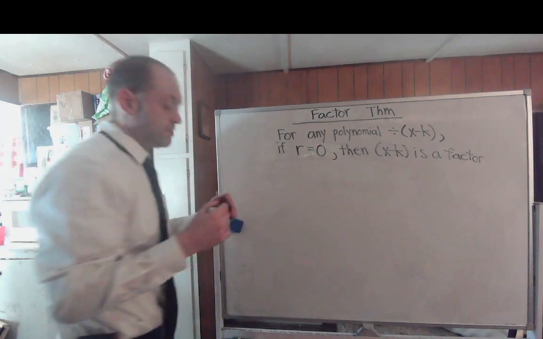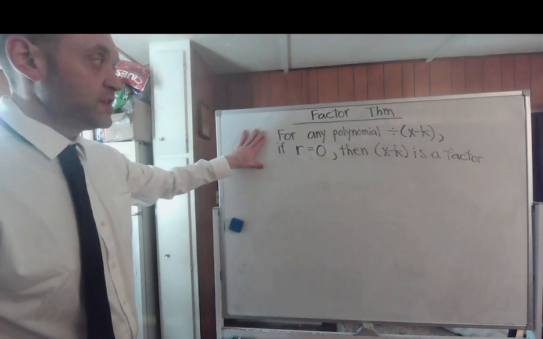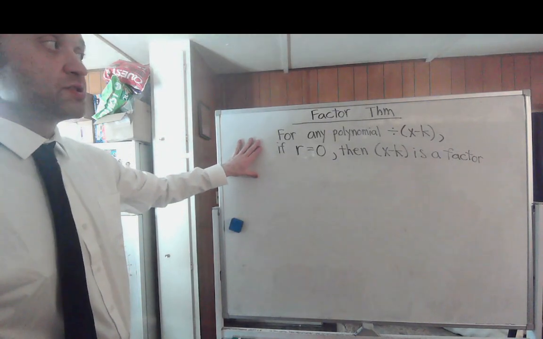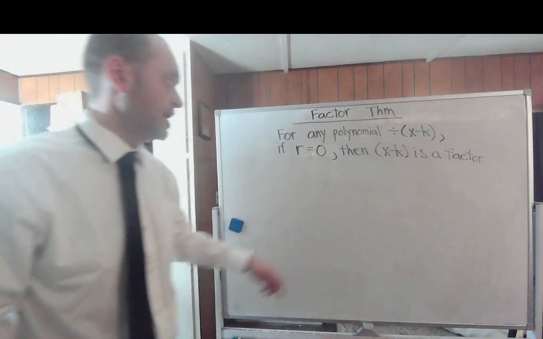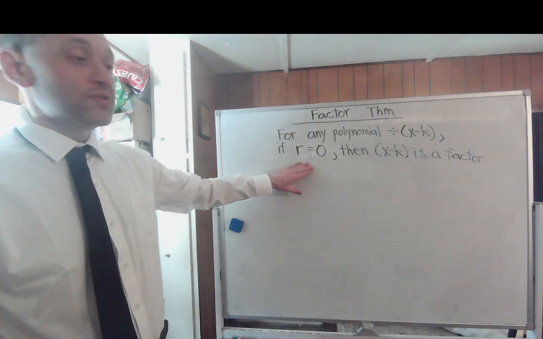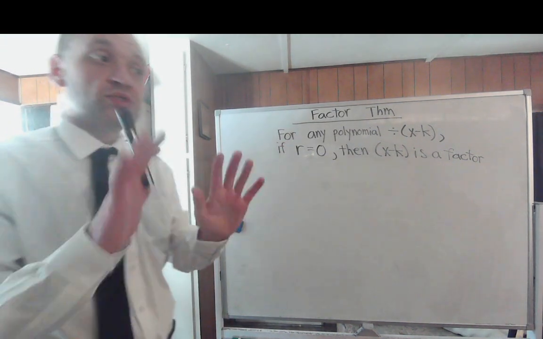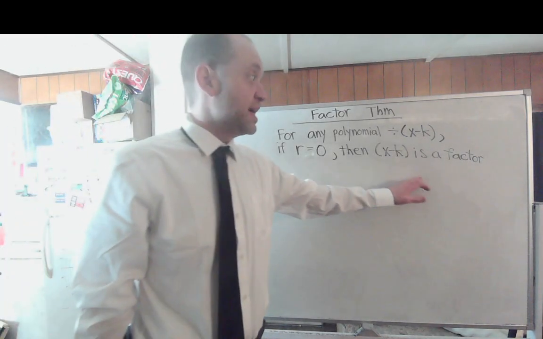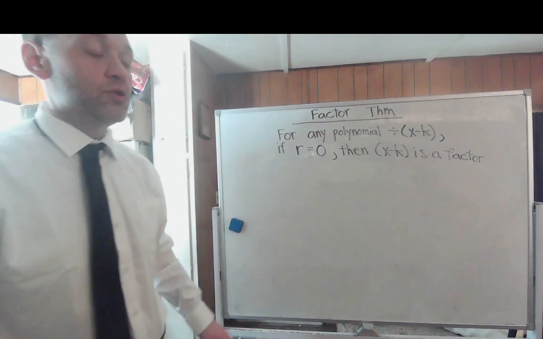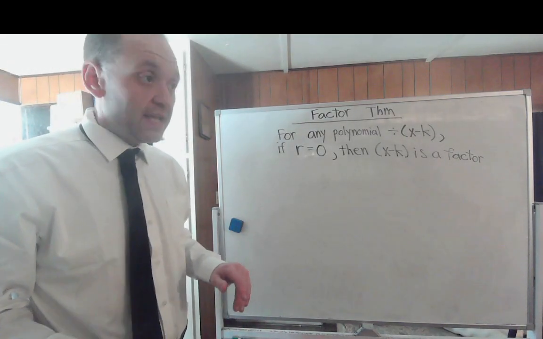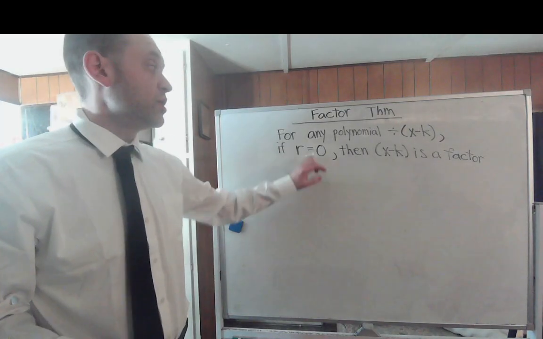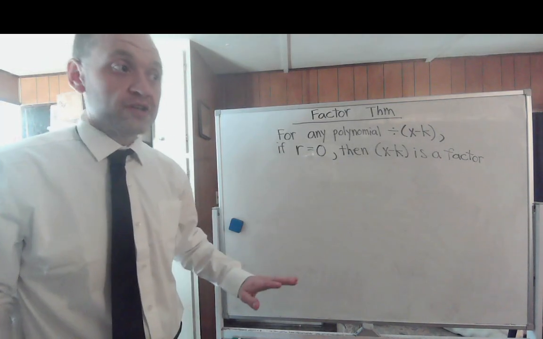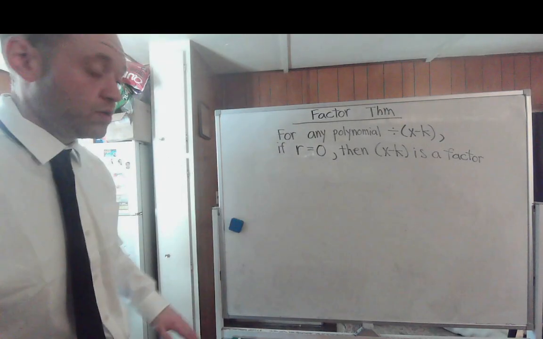This applies to synthetic division. If r equals 0, so if your remainder equals 0 and only 0, then that x minus k is a factor of the polynomial. Now, if you get anything, and I mean anything at all other than 0, it's not a factor. The remainder has to be 0.